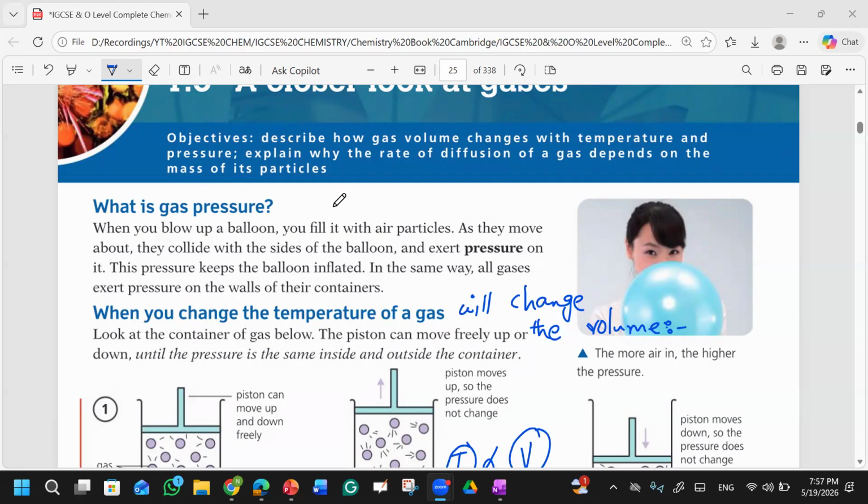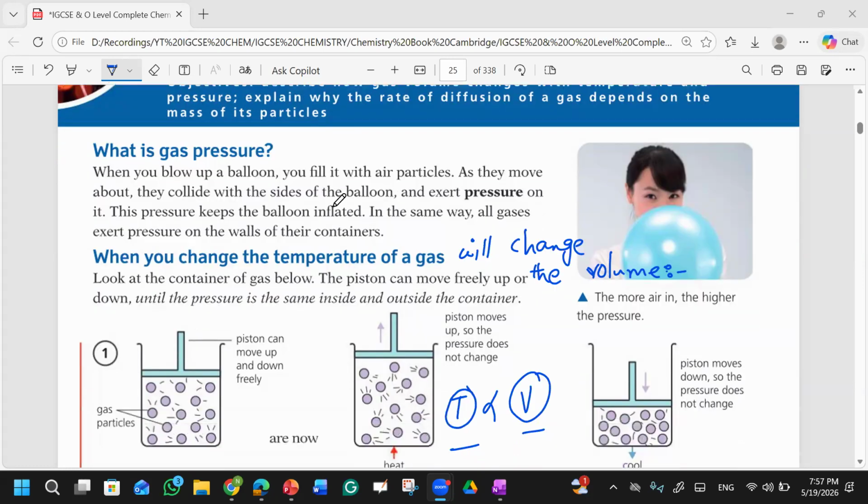So basically, when there is collision in the gas particles, they exert pressure on the walls of the container, or on the walls of the balloon. So it depends on their collisions. The more the collisions, the more the pressure will be. Clear?